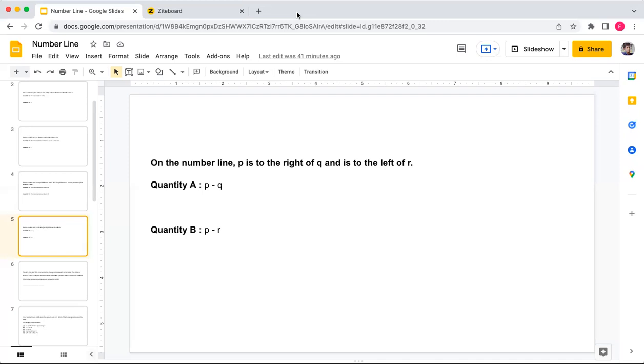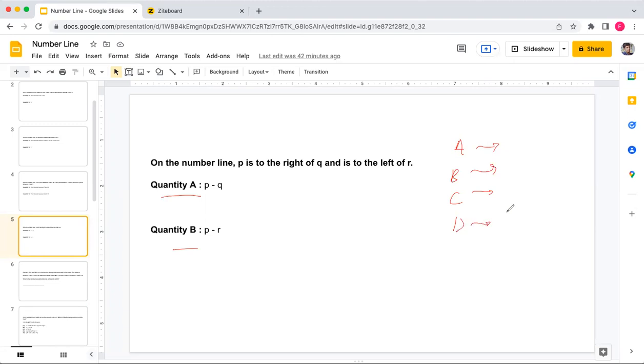D. Wow. Any other? Okay, we have 4 options: A, B, C, and D. A means quantity A is greater. B means quantity B is greater. C means both quantities are equal. And D means there could be multiple scenarios.